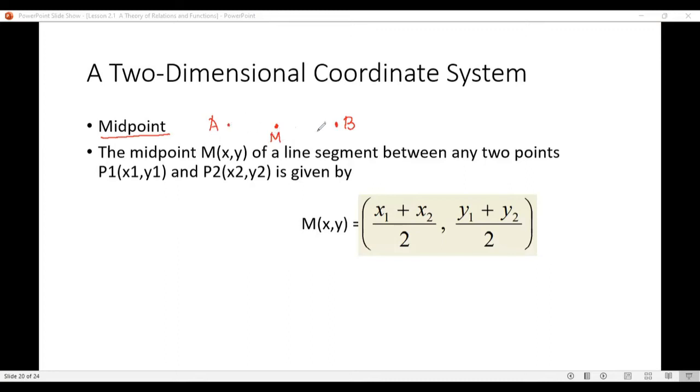Itong point A and point B, may mga coordinates yan. So, para makuha naman natin yung middle point, kuhanin mo lang yung average ng x coordinates at yung average ng y coordinates para sa middle point. Okay?